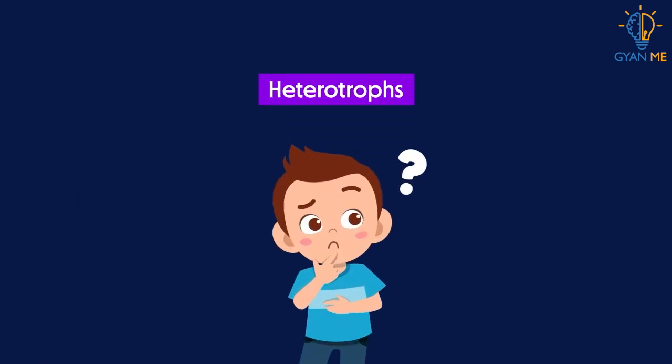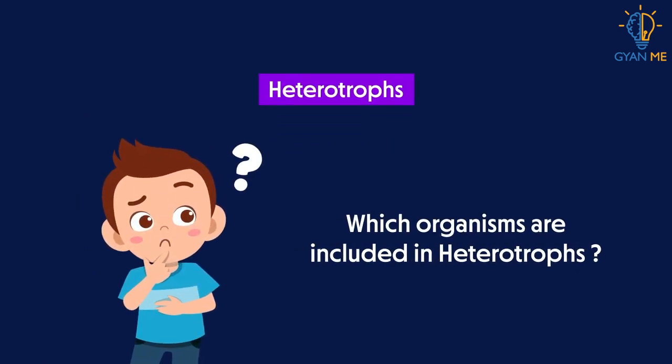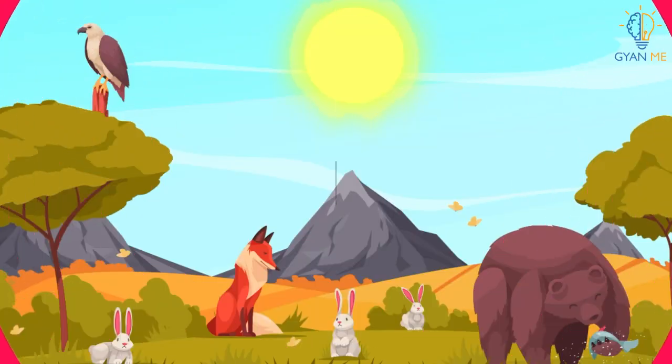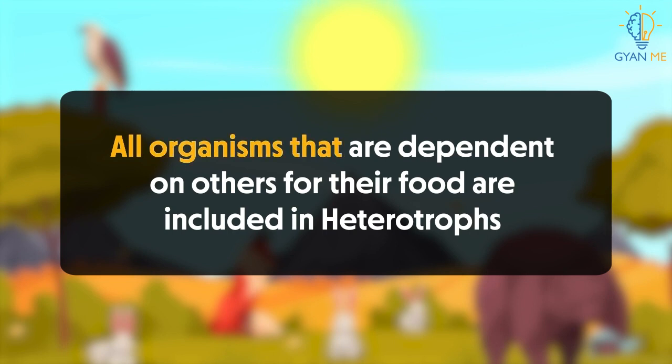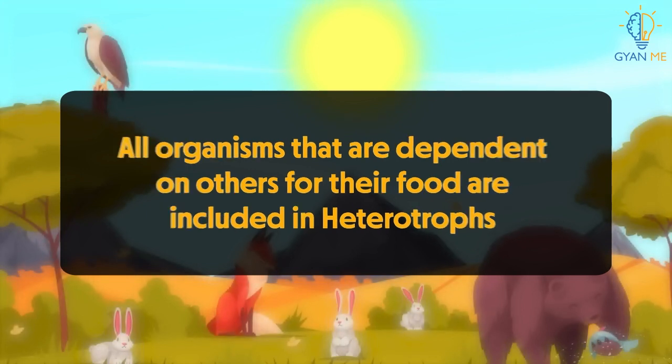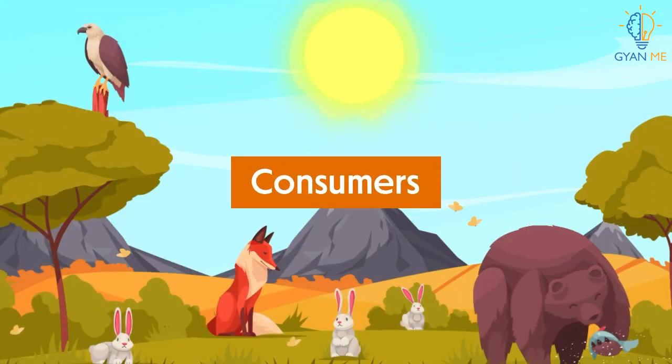Now let us see heterotrophs. Can you guess, students, which organisms are included in heterotrophs? Yes, you are exactly right. All organisms that are dependent on others for their food are included in heterotrophs. They are also called as consumers, as they feed on other plants and animals.